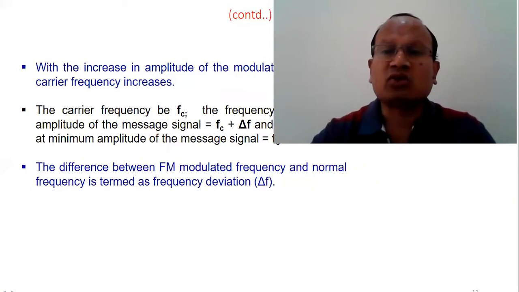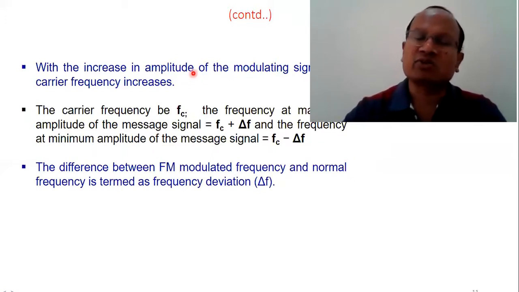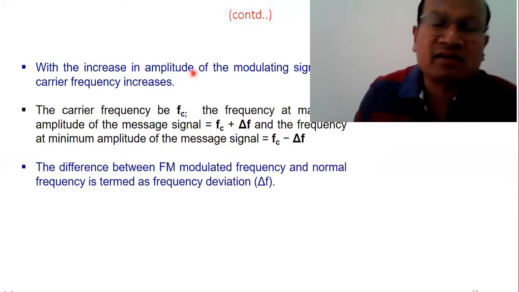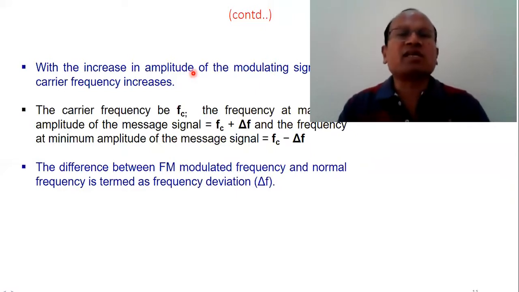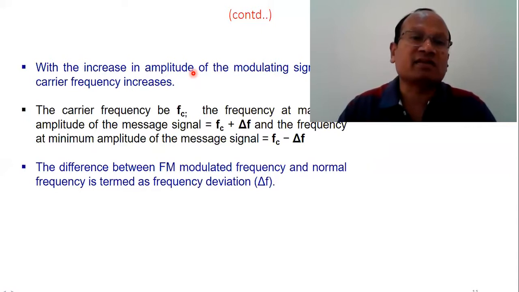All right, so with the increase in the amplitude of the modulating signal, the carrier frequency also increases, and similarly, when there is a decrease in the amplitude of the modulating signal, there will be a decrease in the frequency of the carrier signal. All right.